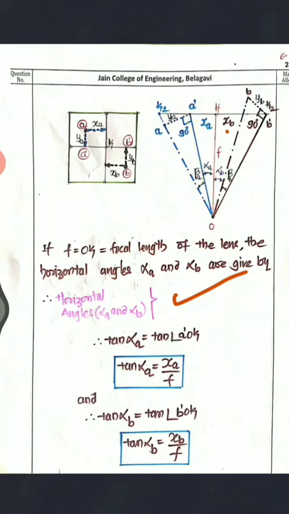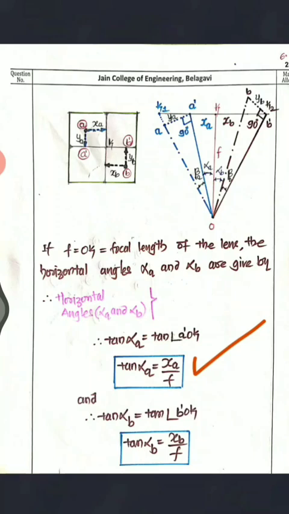With this angle, tan alpha A is equal to XA divided by F. This distance is XA, and here you have F. So tan alpha A is XA divided by F.